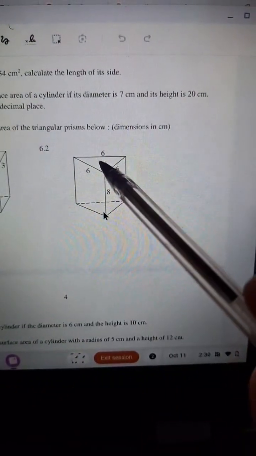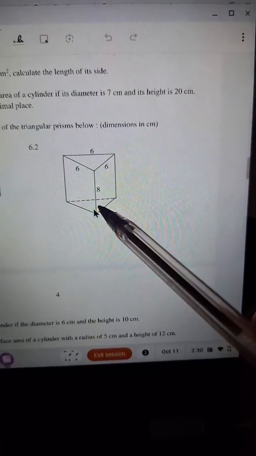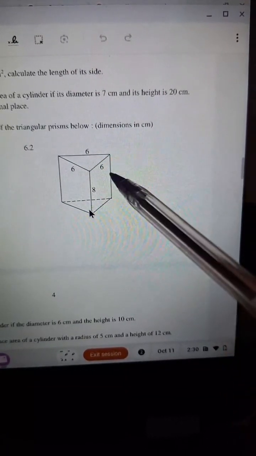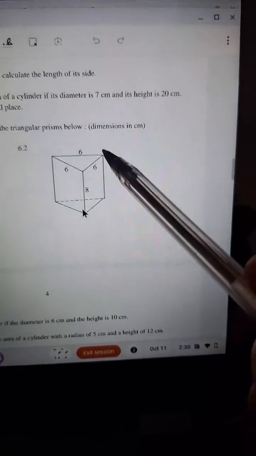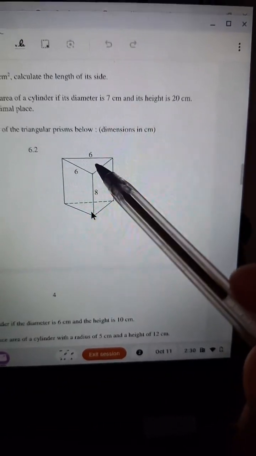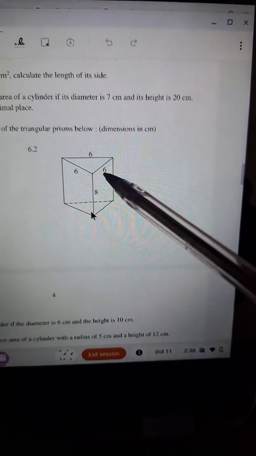triangular prism. So remember guys, for a triangular prism, how many triangles do we have? The top triangle and the bottom triangle. How many rectangles? We have 1, 2, and then this third one. So what we can use is the dimensions. The area of the two triangles is going to be the same. We have how many rectangles? 1, 2, 3.